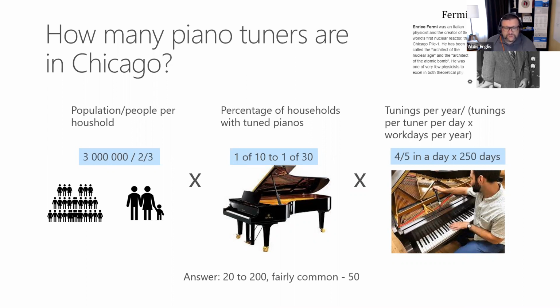So sometimes we don't have all this data as measurements, but we can make some assumptions. We could add additional data, and if we look at the flow of this equation, we need to understand which of the data we have. Do we have the percentage of households with tuned pianos? Do we have the population?